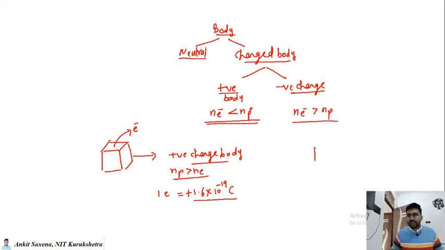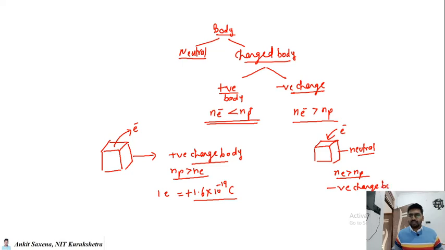In the same way, if this body gets one electron, before getting the electron this body is a neutral body. But when this body gains one electron, now the number of electrons is greater than the number of protons, and this body is known as a negative charge body.